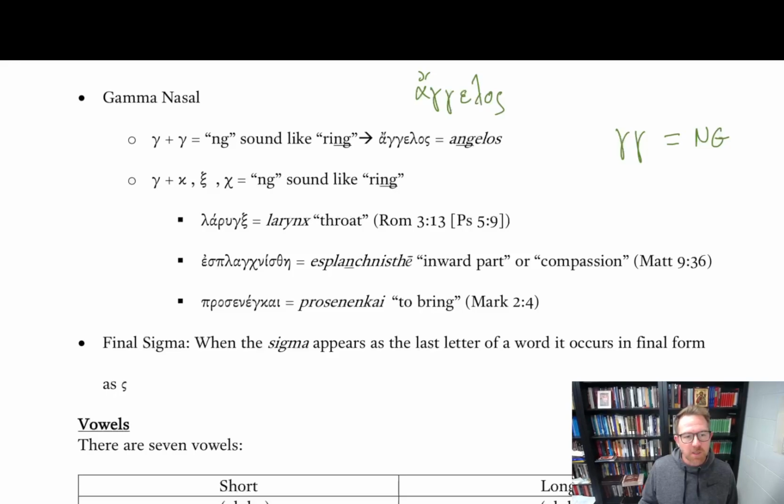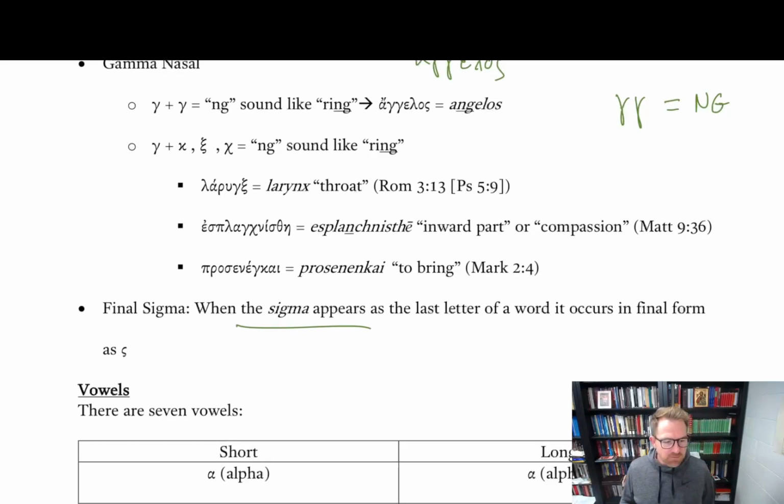Similarly, when you have the gamma combined with a kappa, a xi, or a chi, that kind of K sound in it, it becomes an NG sound, like larynx, sphinx, or pros enankai. These gamma with the kappa, gamma with the chi, gamma with the xi take this sort of N sound, like in ring or angelos. And again, the final sigma, we've already talked about this.